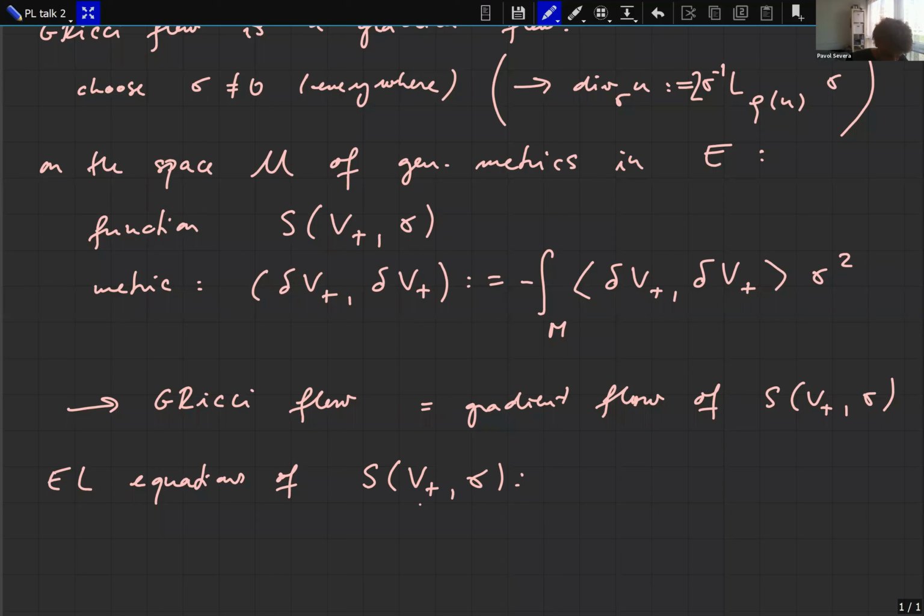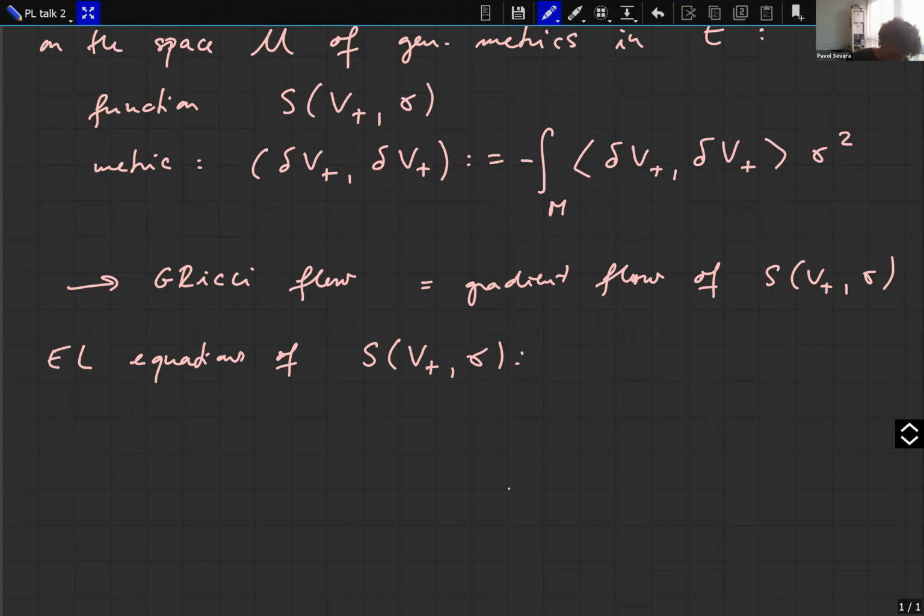So this is an action functional now with two fields, one can say. There is V plus entering and sigma entering. So when we take the variation with respect to V plus, we obtain that the generalized Ricci for the divergence which is given by sigma, let me write it here with sigma, is equal to 0.